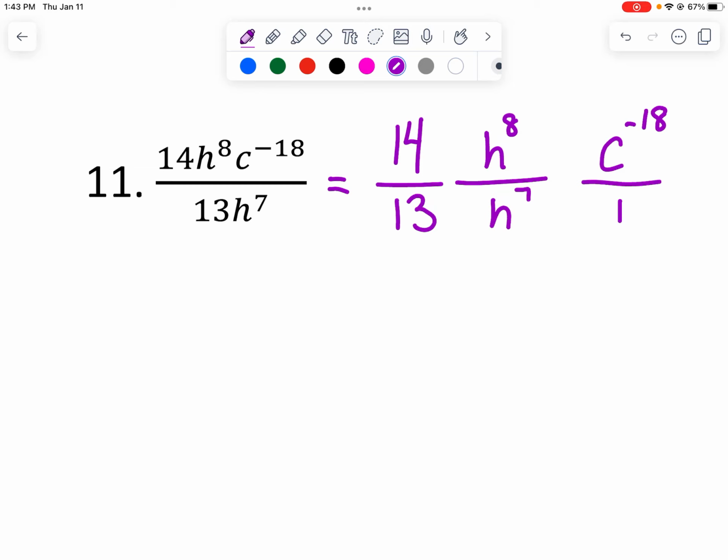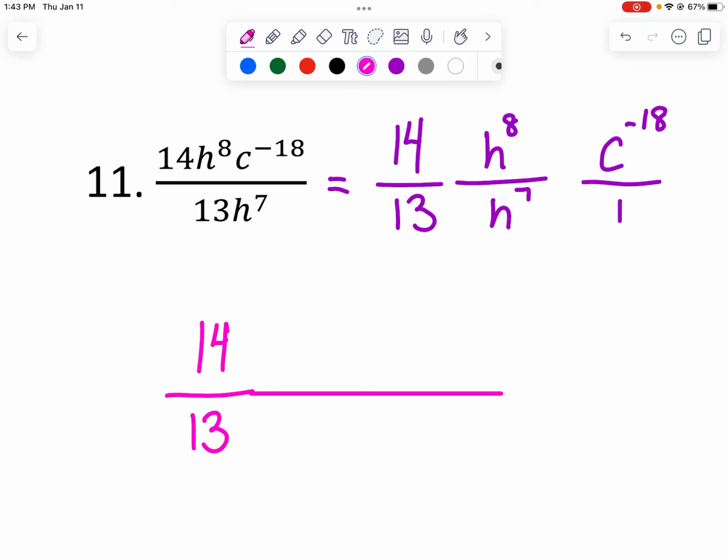So I split this up into 3 parts. I've got whole numbers, I've got h's, I've got c. Now what I'm going to do here is I'm going to simplify. 14 over 13 does not simplify.